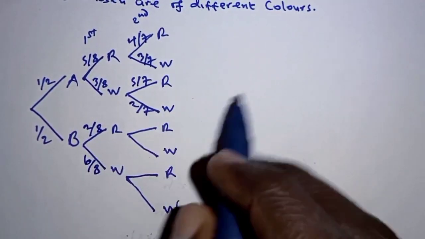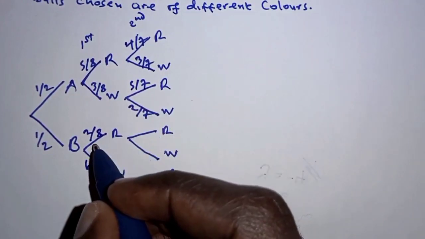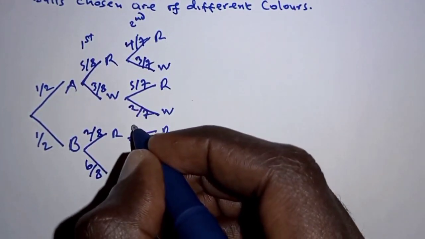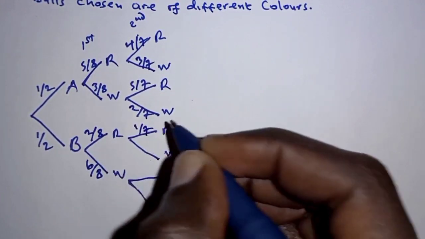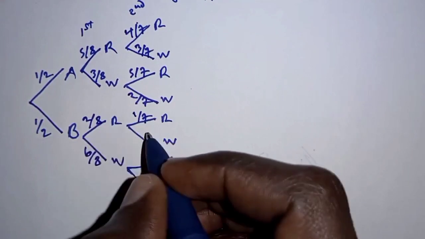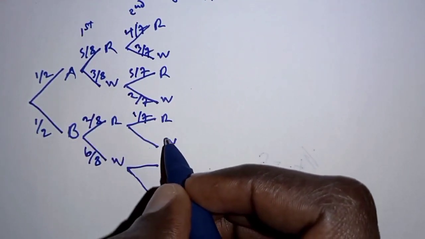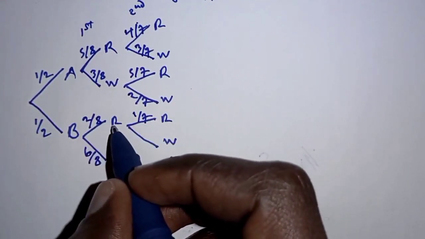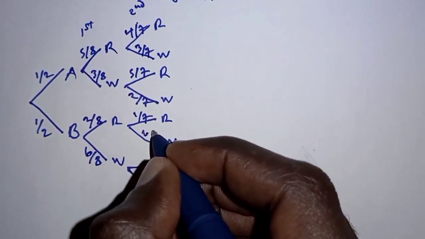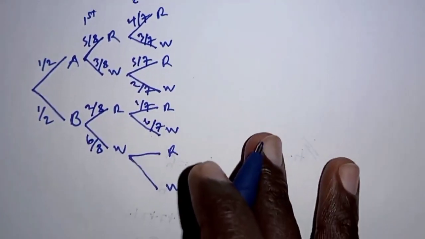Now in the second picking, if we had picked a red in the first picking, the number here reduces by 1, so that we have 1 over 7. Remember, it is picking without replacement. And then here, the number of whites remain the same because we had picked a red one, so whites are still 6 over 7.